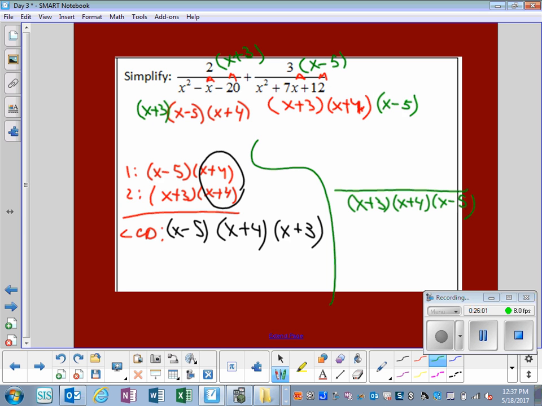So for this one, easy, 2x plus 6, and then plus 3x minus 15. Simplify the numerator, 2x plus 3x is 5x, 6 minus 15 is minus 9, right?